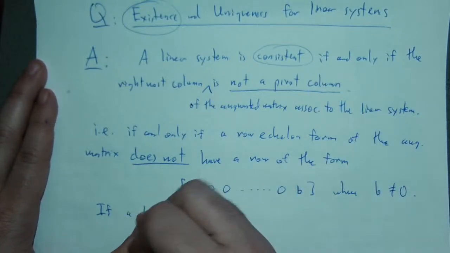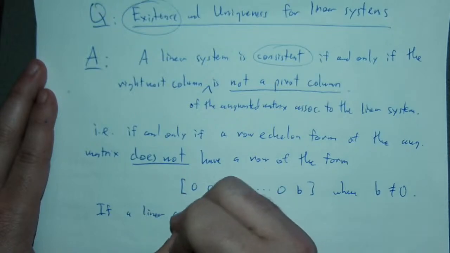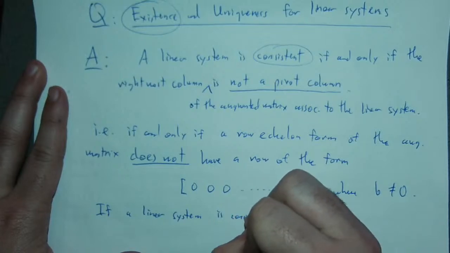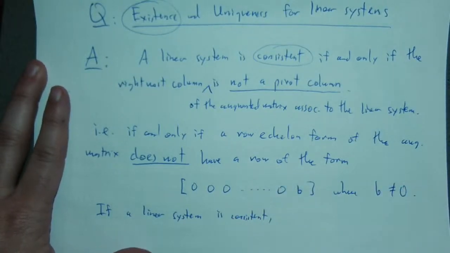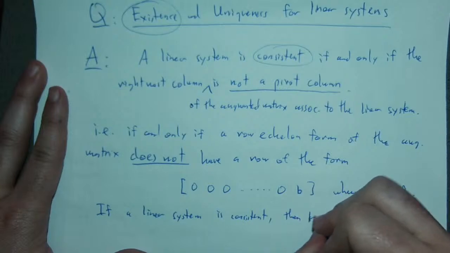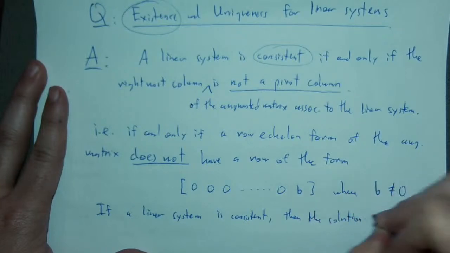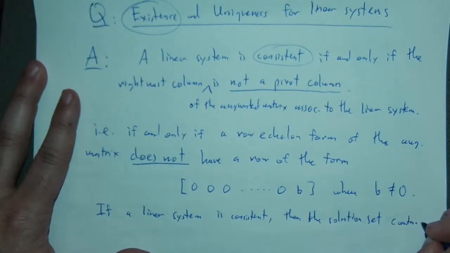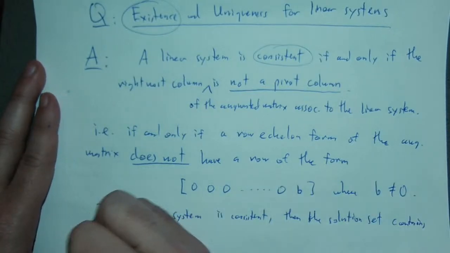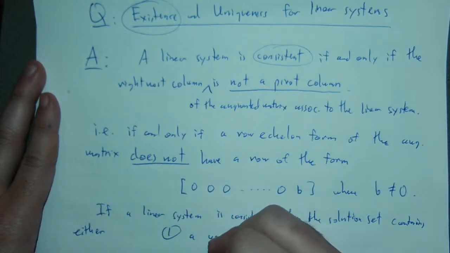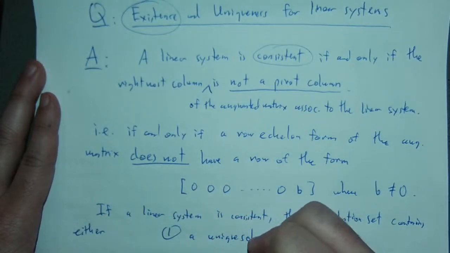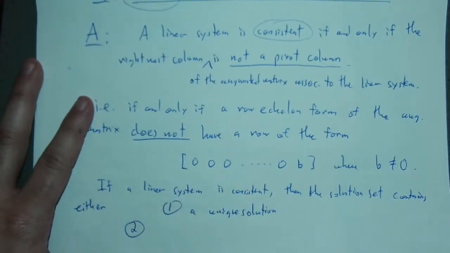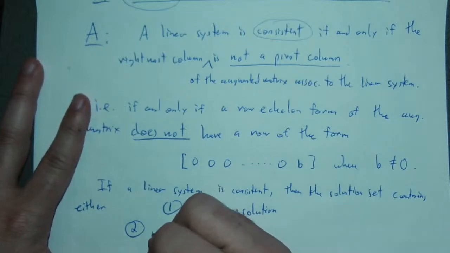So if a linear system is consistent, then the solution set contains either one, a unique solution, or two, infinitely many solutions.